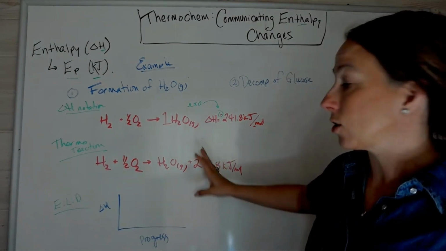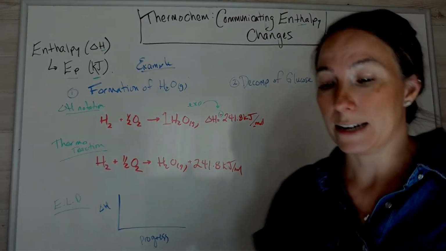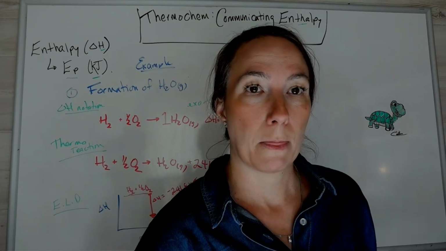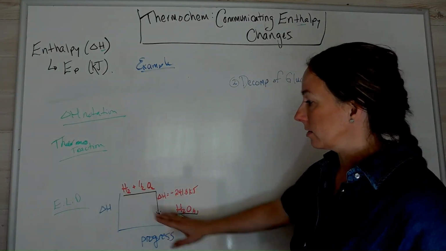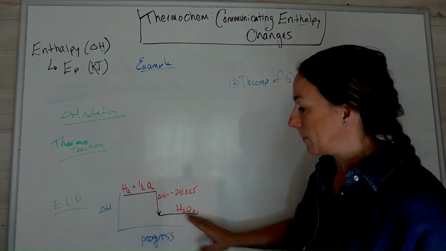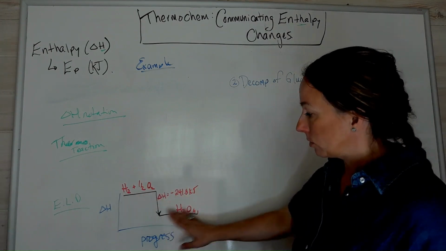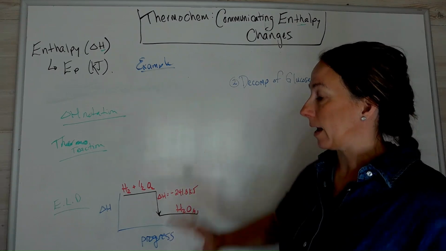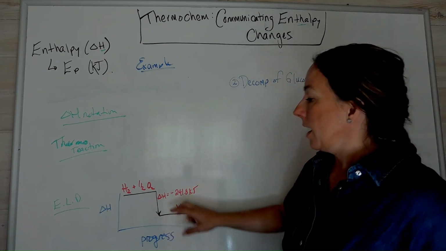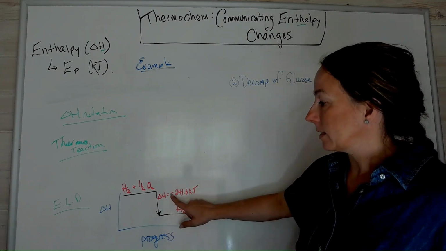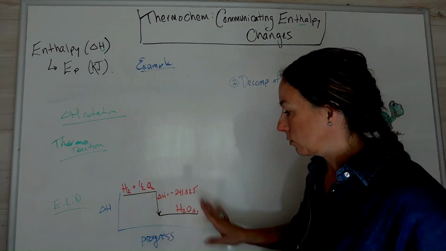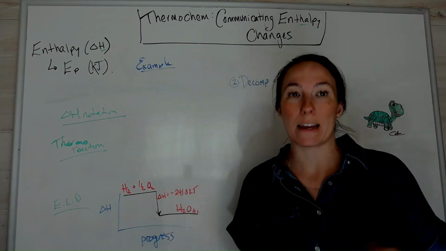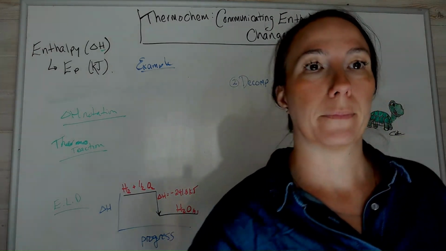This is specific, so I'm going to write specific things on these lines. And those specific things are the reactants on the top shelf, the products on the bottom shelf. The staircase goes down because it's exothermic and because the energy was released. And how much energy was released is negative 241.8 kilojoules. So all of this goes onto my specific enthalpy level diagram.